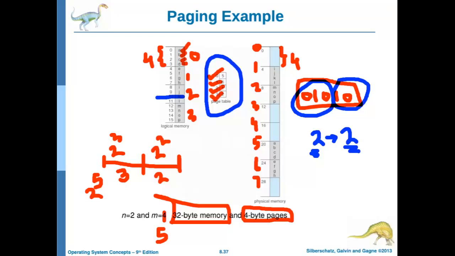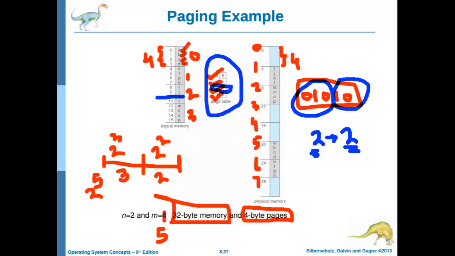If numbering starts with 0, and for example I need the starting address of frame number 2, and the size of a page is 4, it is just 2 into 4. That's it. Now the same thing, I'll look up page number 2, which is located here, which says that page 2 is stored in frame 1.